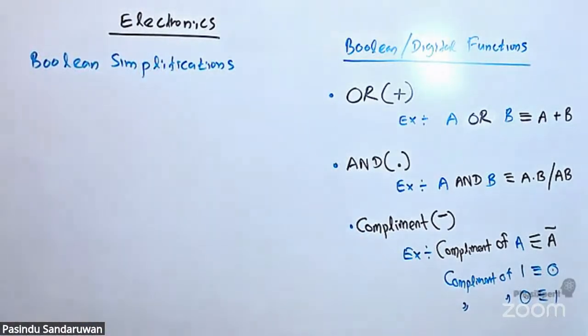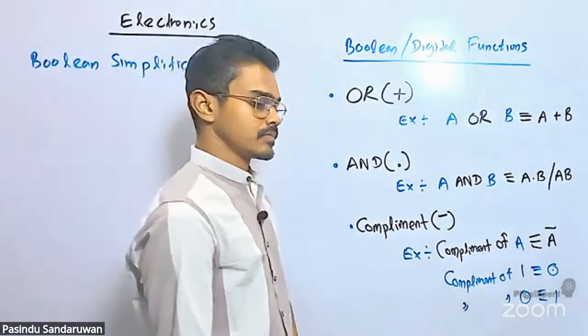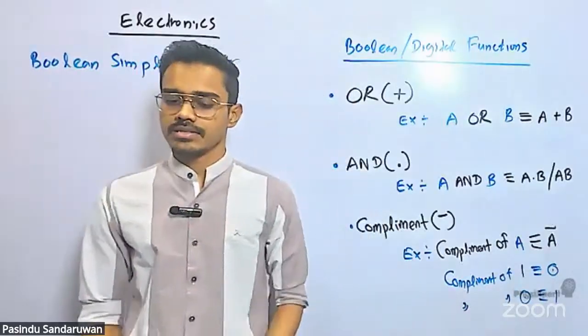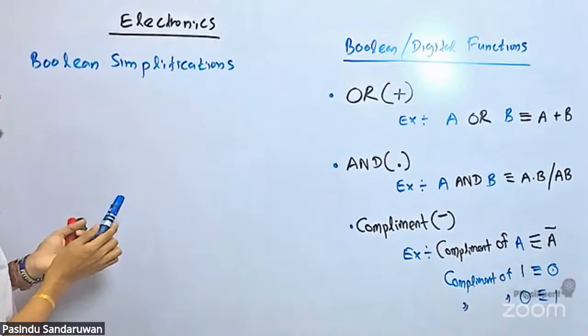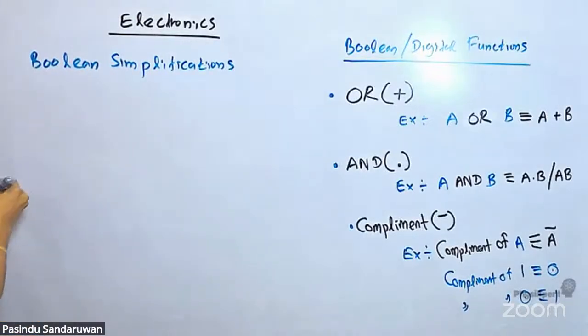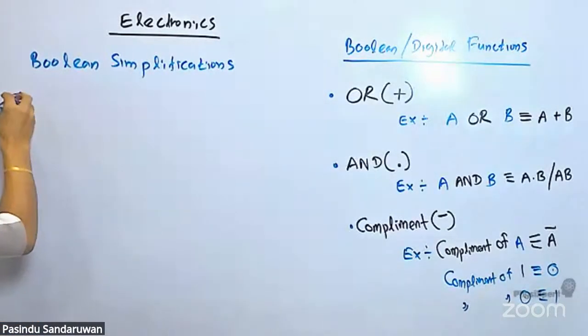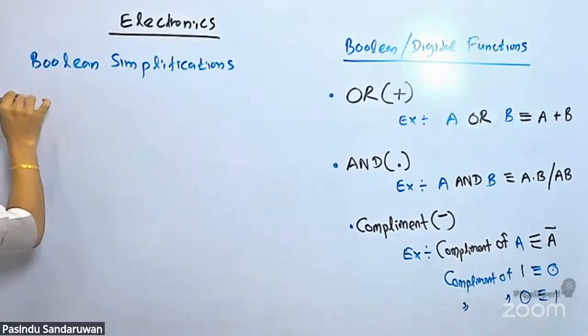Right. Listen. For the simplifications, I'll be using a table like this. For these simplifications, we'll be using a table like this.